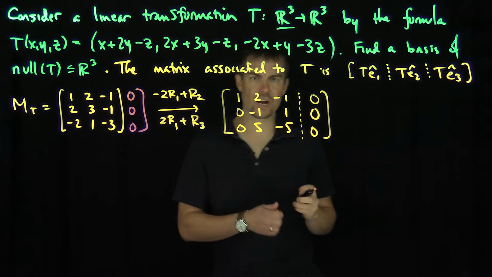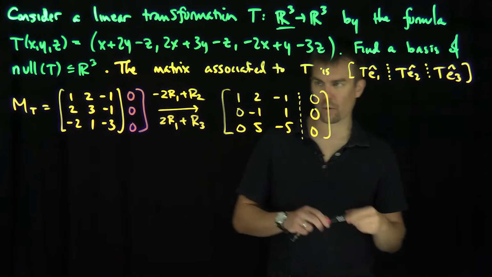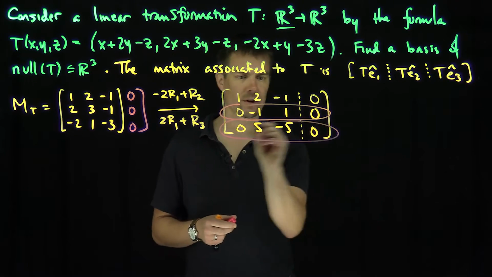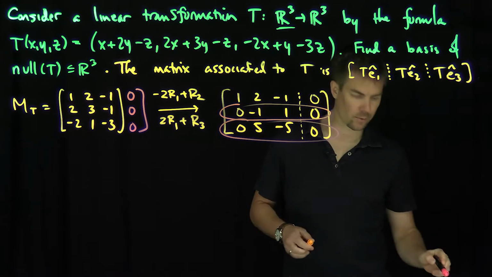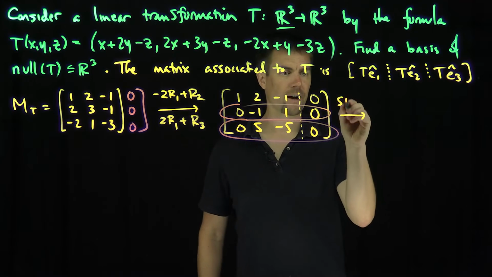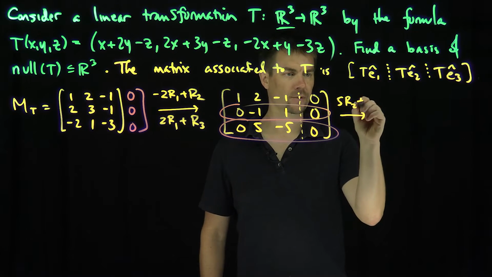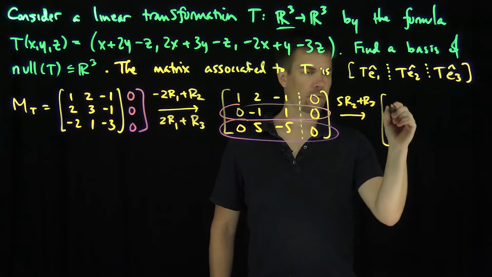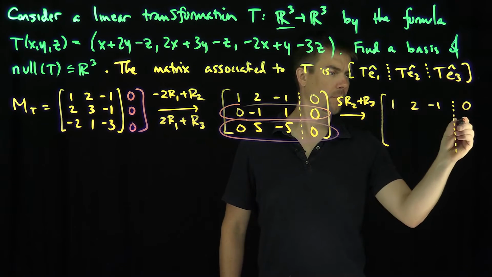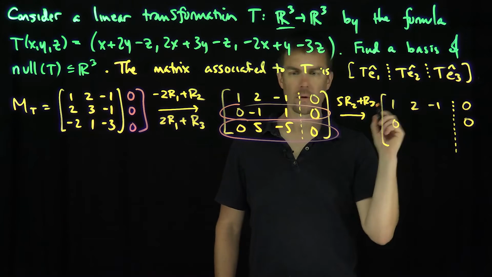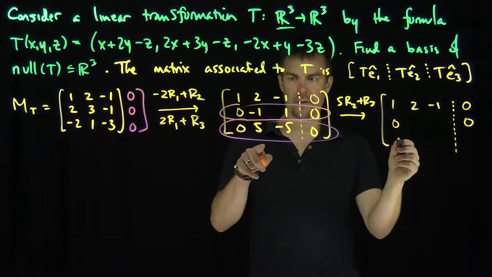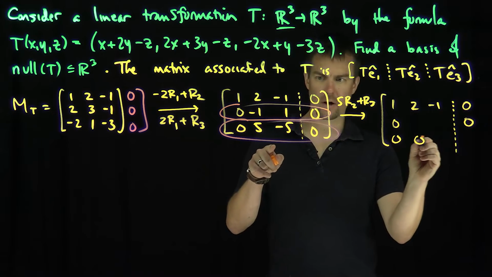At this point we're in good shape, because the second row and the third row are multiples of each other, so we're going to have a non-trivial null space. If I do 5 row 2 plus row 3, the first row stays the same, and I get a 0, a 0, a 0, and a 0.